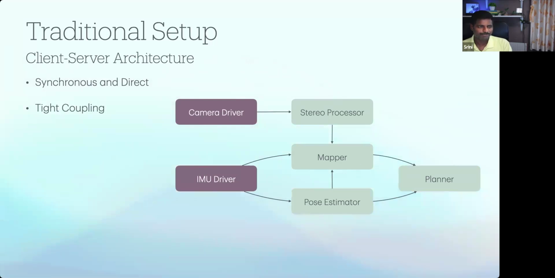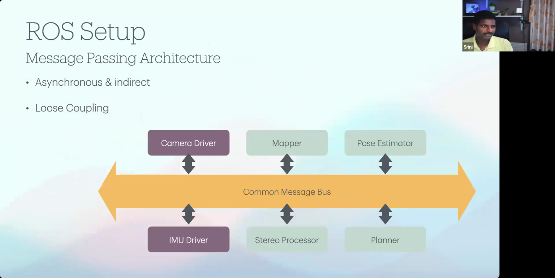Also, let's say you've developed a different version of the mapper and want to test it with the system. You cannot have both mappers come up together, because that would conflict and the planner will not know who to talk to. That's how a typical traditional client-server system works.